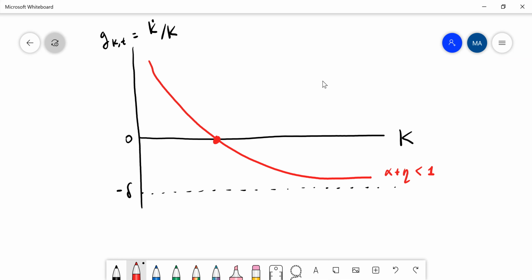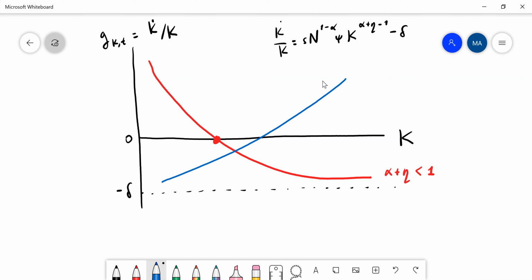Or we would have a positively sloped curve. Remember the equation. The equation is K dot divided by K is s n to the 1 minus alpha C K to the alpha plus eta minus 1, minus delta, right? So if alpha plus eta is greater than 1, you would have, for instance, something like that, okay, in general, right? So this is alpha plus eta greater than 1, so it is positively sloped. Or alpha plus eta would be exactly equal to 1, and then, for instance, you would have something like this.